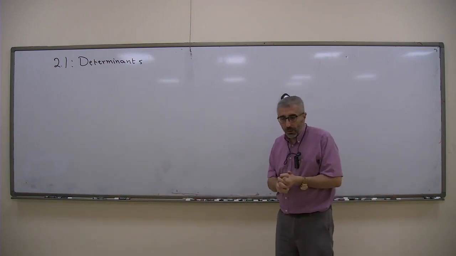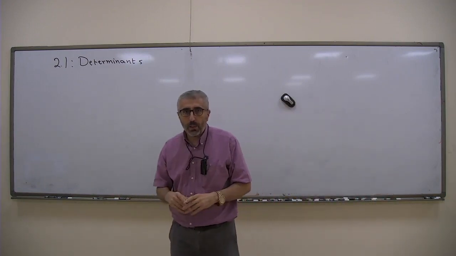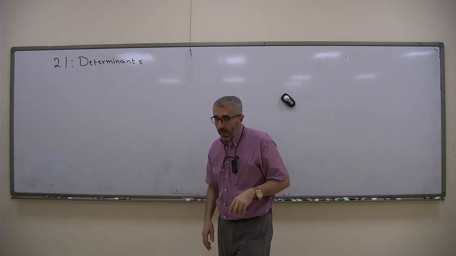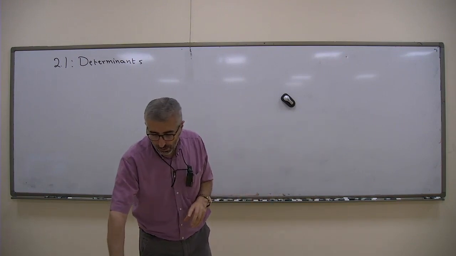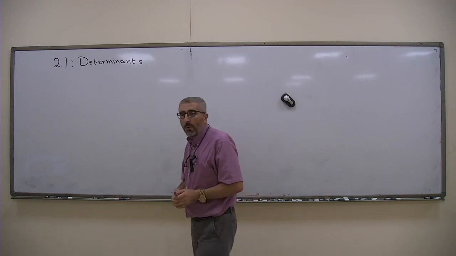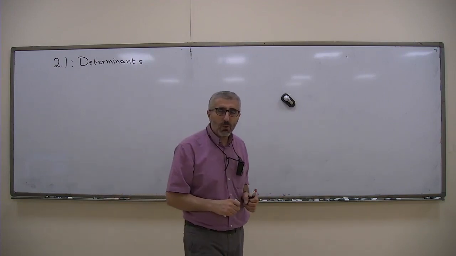Today we are going to talk about something very interesting related to matrices, and that is called determinants. Do you remember when we talked about the inverse of a 2 by 2 matrix?